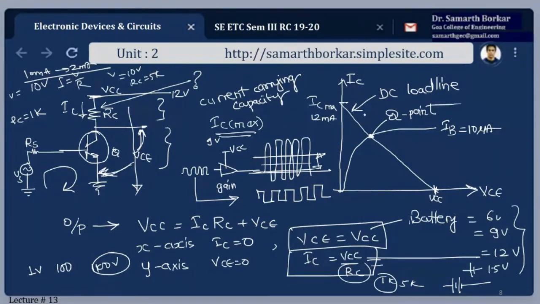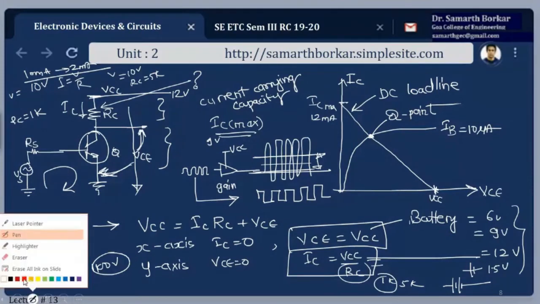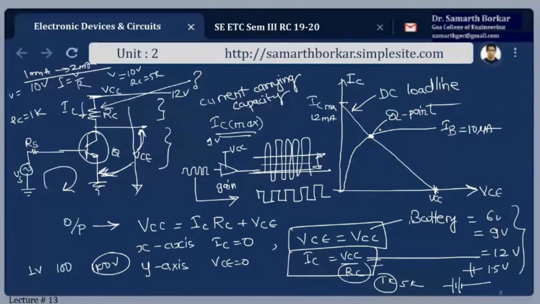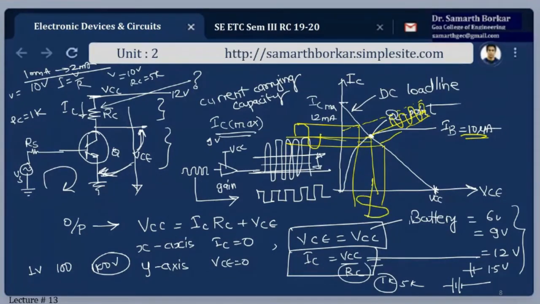So your signal is a very small signal in terms of 10 microamperes, but then if you project on this line, this is the output current you're going to get out of it, and this will be the output voltage you're going to get out of it.